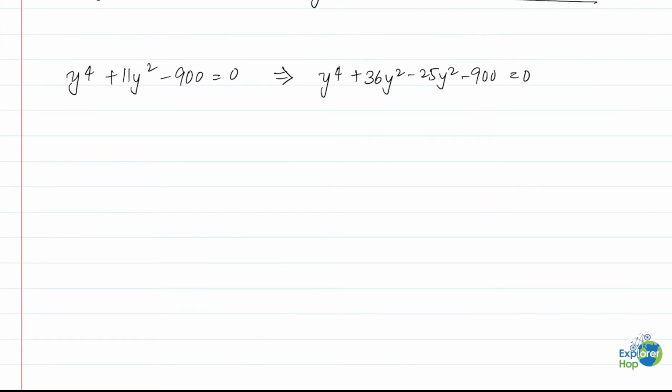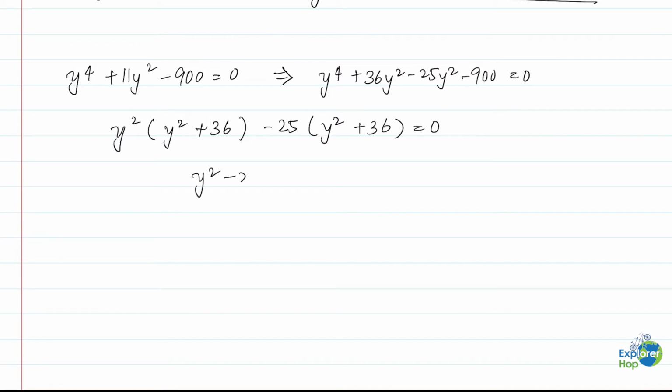So factorizing it, we would get y squared times (y squared plus 36) minus 25 times (y squared plus 36), which equals 0. And (y squared minus 25) times (y squared plus 36) equals 0.